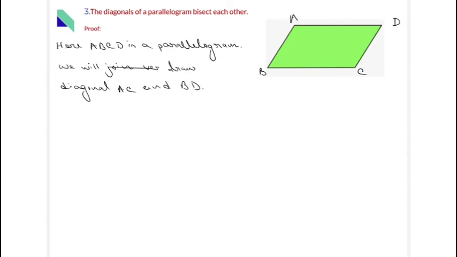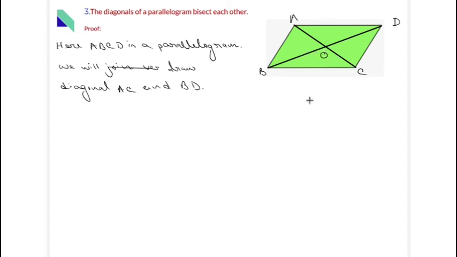Okay, so let's join the vertices to draw them. Okay, and we will name the point of intersection as O.